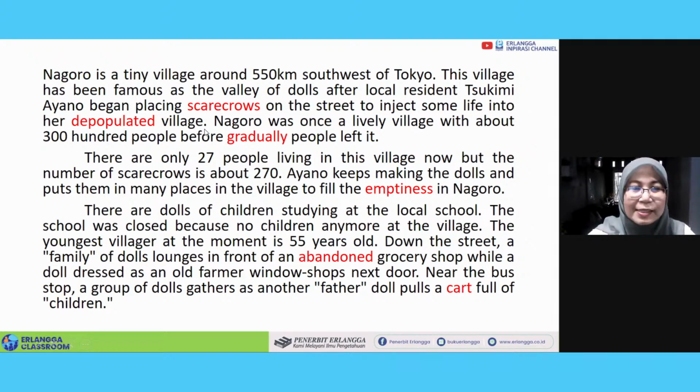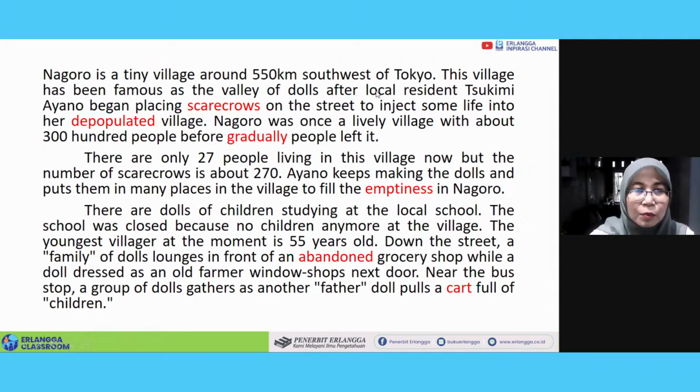So far, so good. Is there any problem with the meaning? Tiny, small, famous because, this is a person's name, local resident, penduduk. The local resident is named Sukimi Ayano.